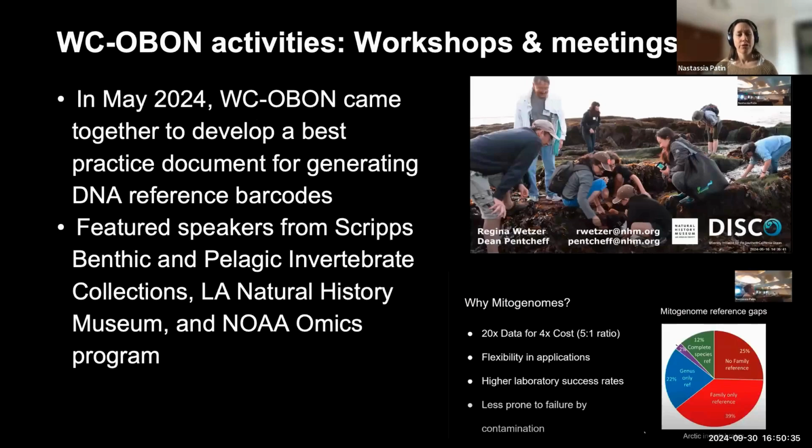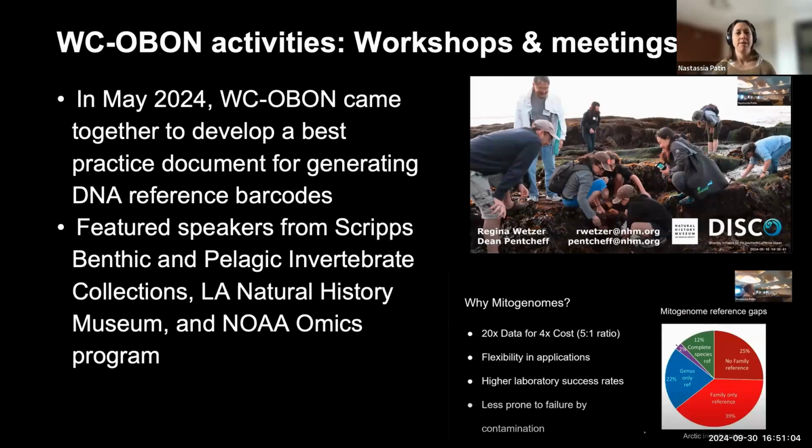Continuing on in that vein, we came together for a workshop in May of 2024 with the specific goal of generating a best practice document for generating DNA reference barcodes. So everything from sample collection, specimen collection, vouchering, archival, to DNA extraction, sequencing, and data curation and analysis.